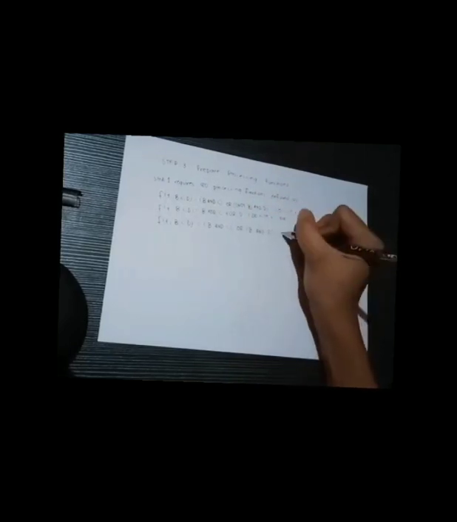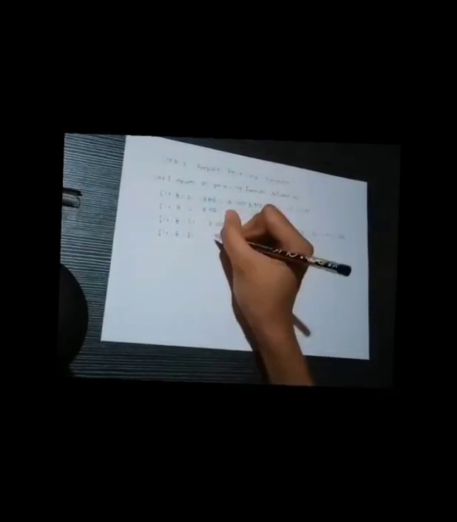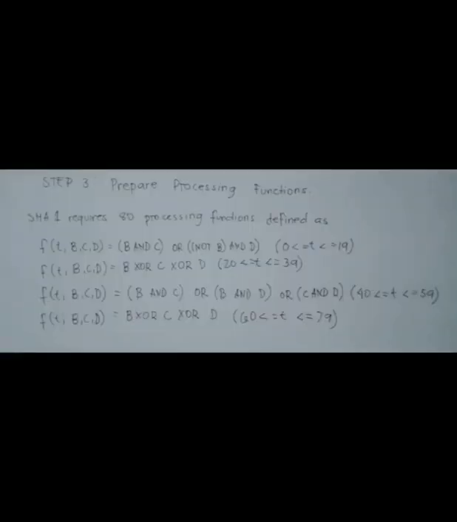Next, F_t(B, C, D) equals B XOR C XOR D, for 20 <= t <= 39.